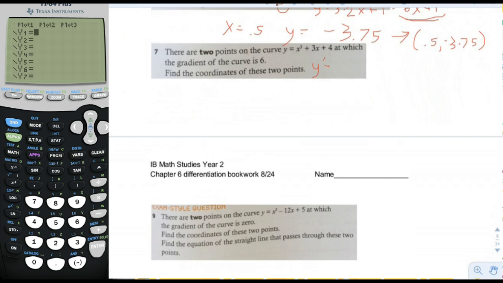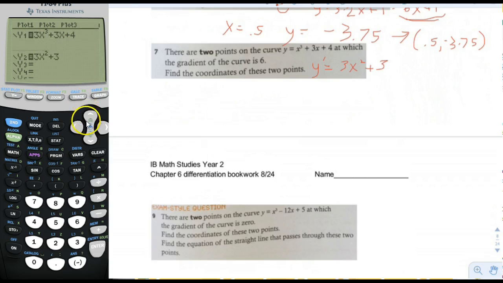When I find the derivative of the original function, I get 3x squared plus 3. Okay, then I'm going to program both the original function and the gradient function into this table. Okay, so now I have the original function, x cubed plus 3x plus 4, for y1, and then I have the gradient function, 3x squared plus 3, in for y2.